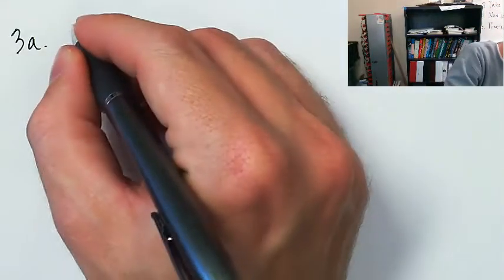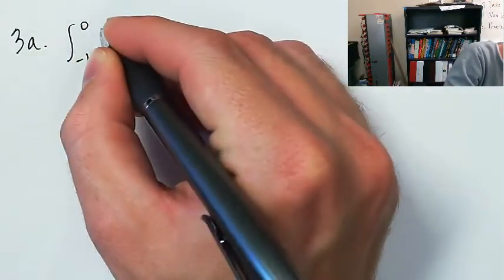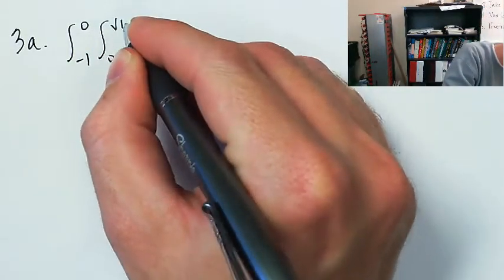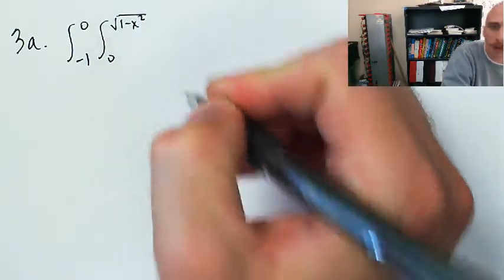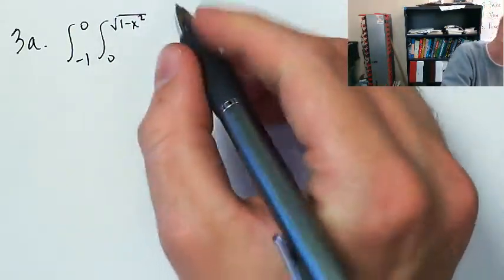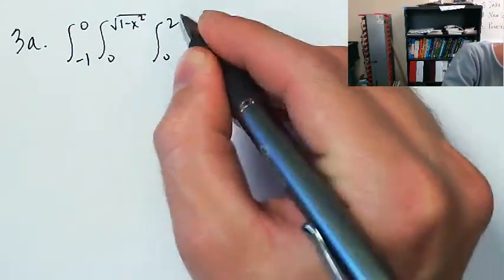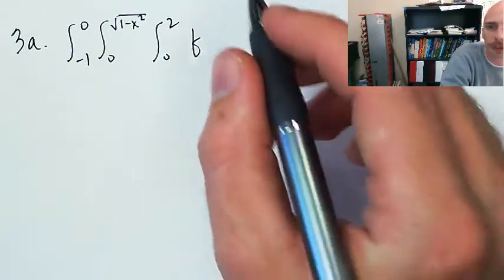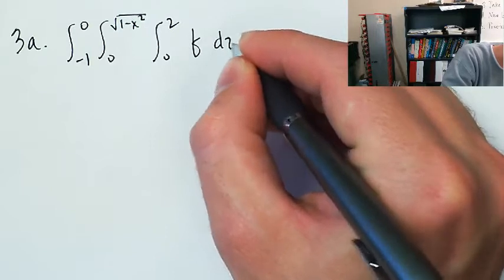All right, 3a. The integral from -1 to 0, 0 to the square root of 1 minus x squared, and 0 to 2 of some function dy dx.